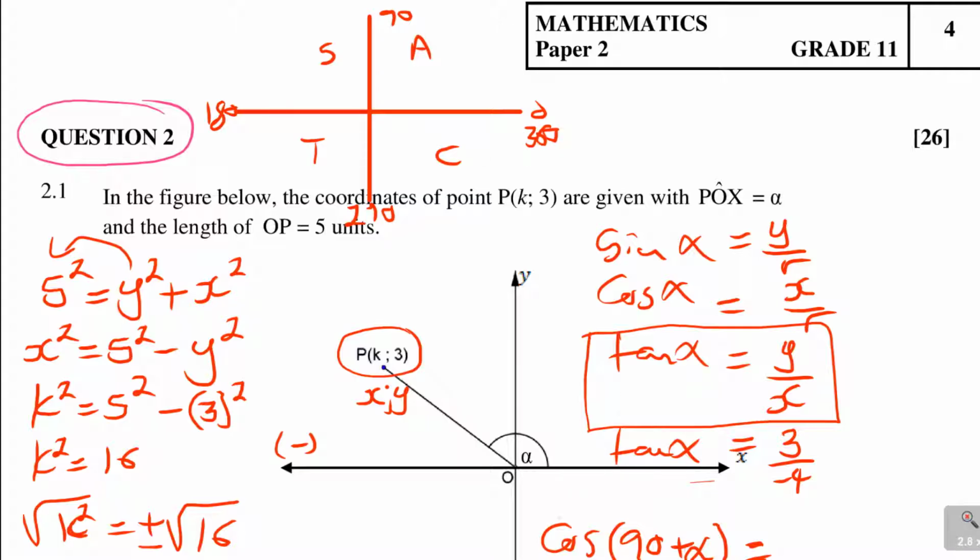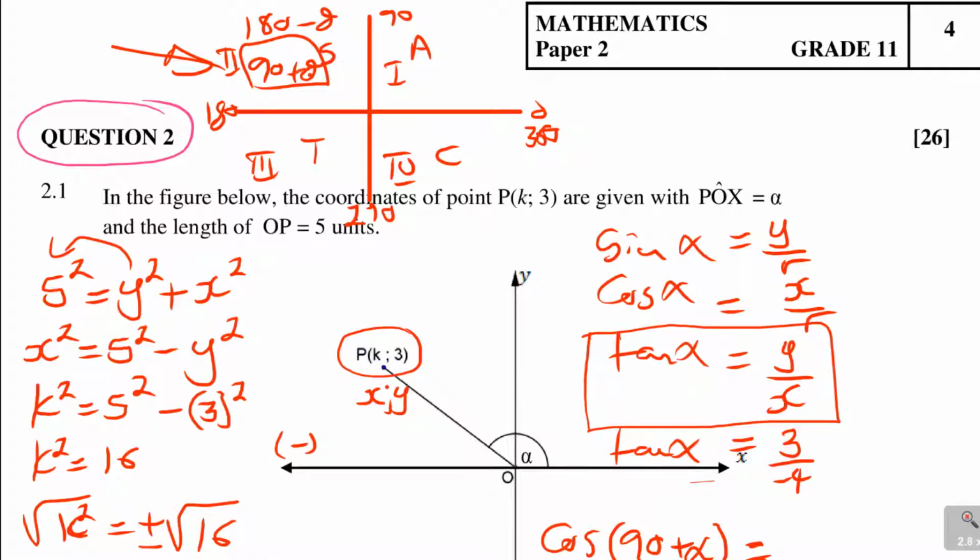360. Now, where is 90 plus? So this is 90 plus theta. It's in quadrant number 1, 2, 3, and 4. So what is the reduction rule here? 90 plus is a cofunction. When you talk about 90 plus, it's also 180 minus theta, but we're looking at 90 plus a cofunction.